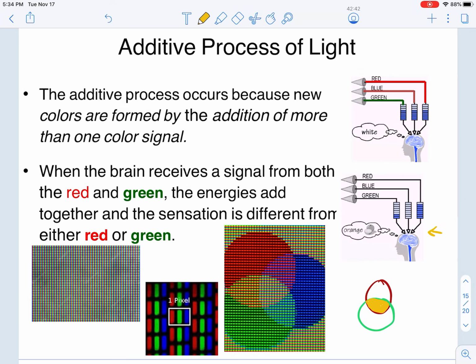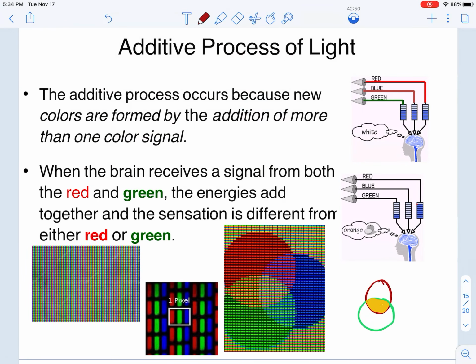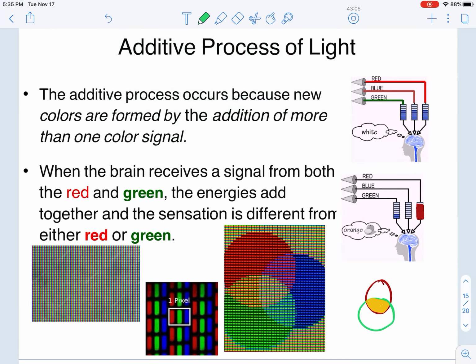But if you look at this picture here, you might be saying, wait, Ms. Espinosa, that picture doesn't say yellow. That picture says orange. Yes, it does. Good catch. Let's talk about why. If we look at the image, it does say that we have red, but look at how much red. This little level reader is basically our intensity.